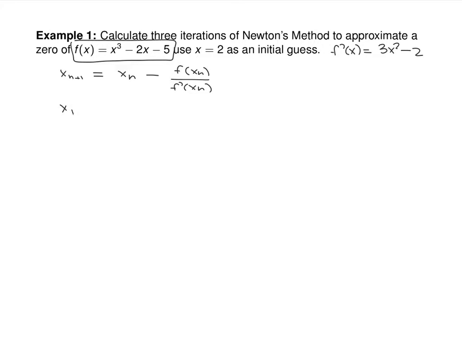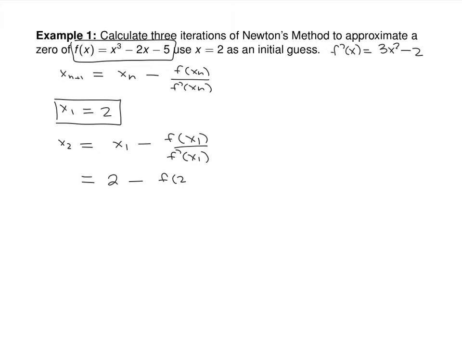So our x1 is equal to 2. I think that officially counts as the first iteration. x2 will equal x1 minus f of x1 over f prime of x1. Okay, so that will equal, what goes in for x1? 2.